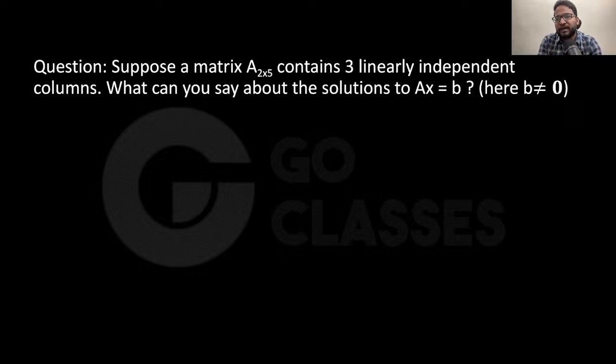So they are saying, suppose a matrix A contains 3 linearly independent vectors. So there are 2 rows and 5 columns.